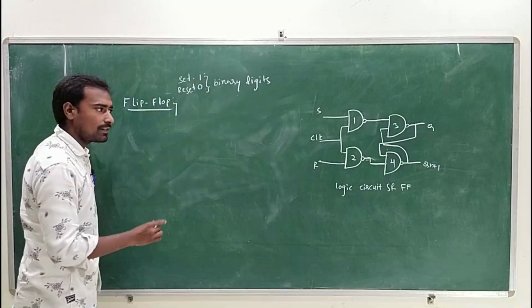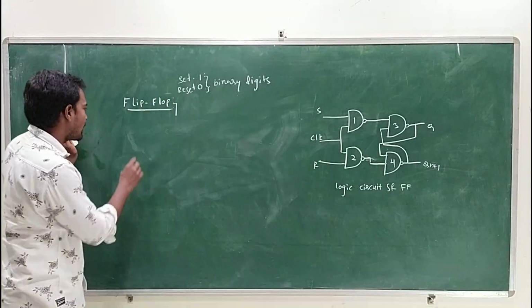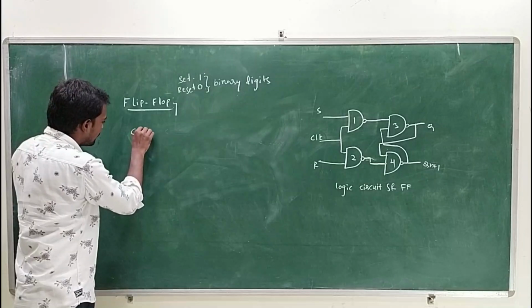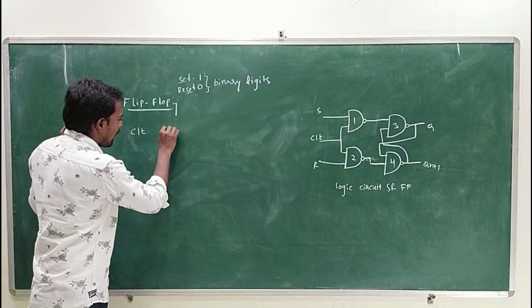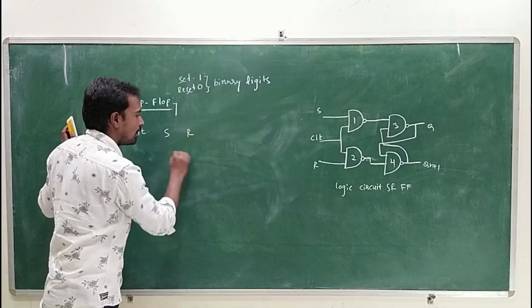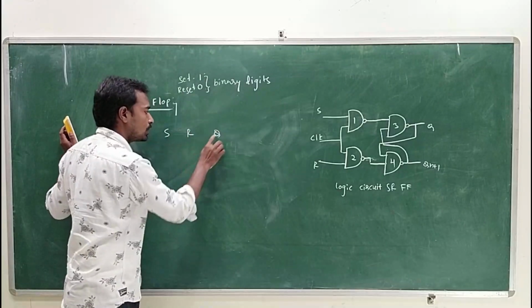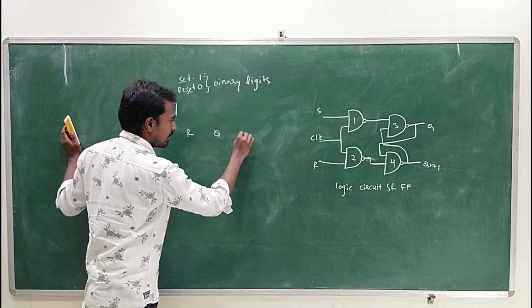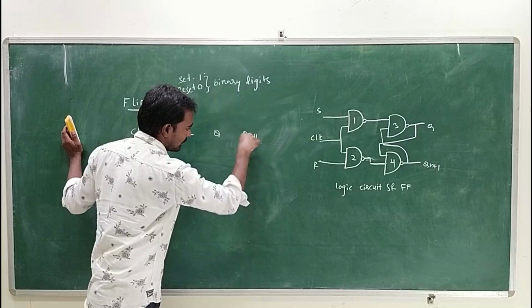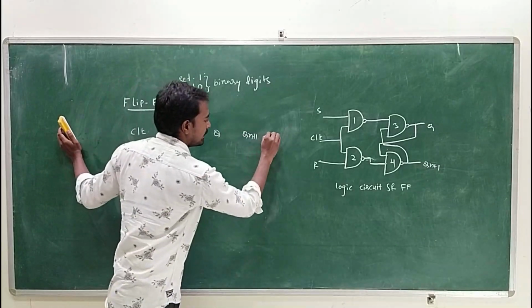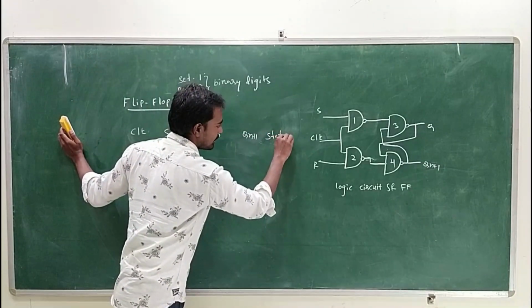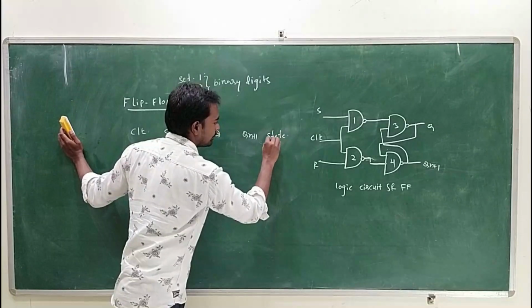So here we are taking 3 inputs: the clock input, S, R and Q, the present state, and Qn plus 1, the next state, and one column for the state or comment.